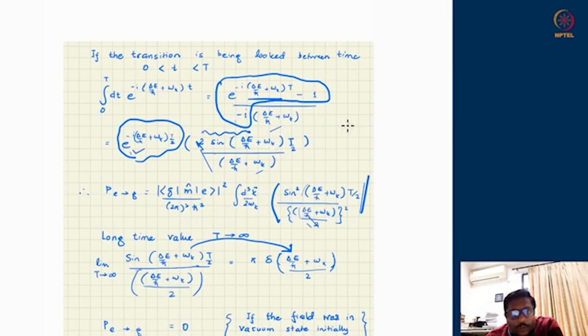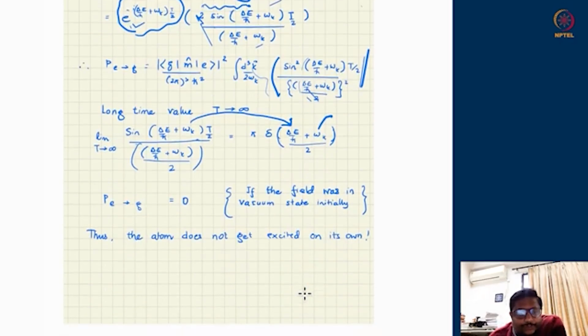Omega k is root under k square plus m square, if you remember. For a massless field, it is just omega is equal to kc, but with c equal to 1 unit, omega is equal to k. That means this is also a positive quantity. So both delta E upon h bar and omega k are positive quantities. That means for any value of omega k in this integral, the argument of the delta function is always going to be positive, and a positive argument of a delta function kills the function. So delta of any positive argument is 0.